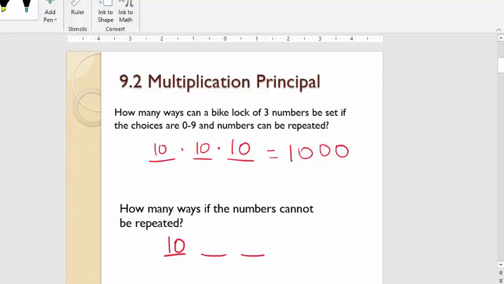So my second digit is going to have 9 choices. And then those 2 numbers are used, so my third digit is going to have only 8 choices. Then using the multiplication principle again, I can multiply these 3 together, 10 times 9 times 8, and I actually only have 720 different types of combinations if the numbers cannot repeat.